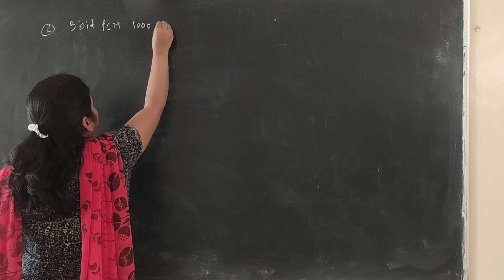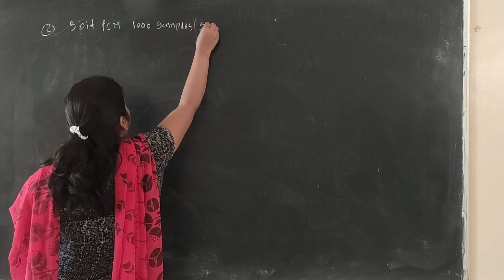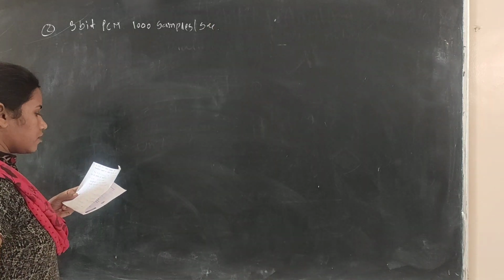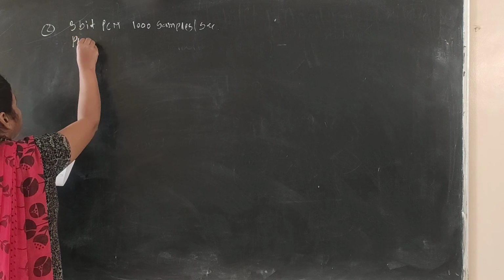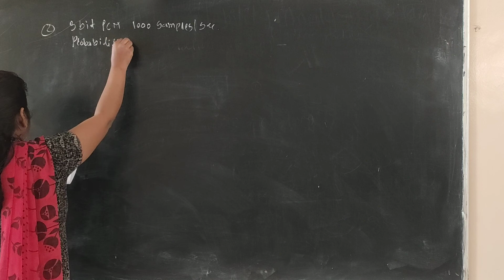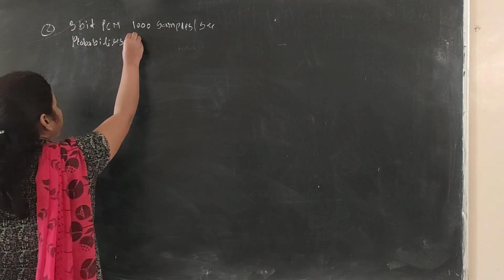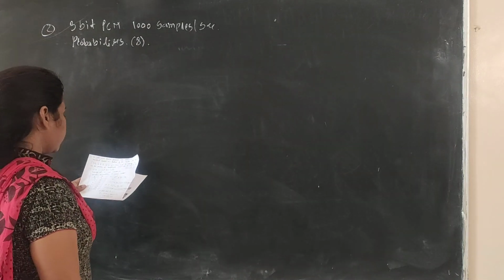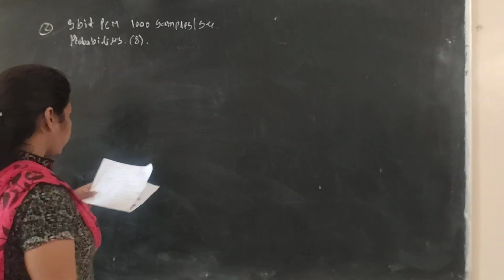A 3-bit PCM system generates 1000 samples per second. The quantized samples are produced by the system with given probabilities; there are 8 quantities. We will take one table. Then find the rate of information.